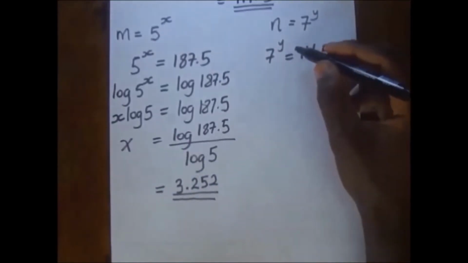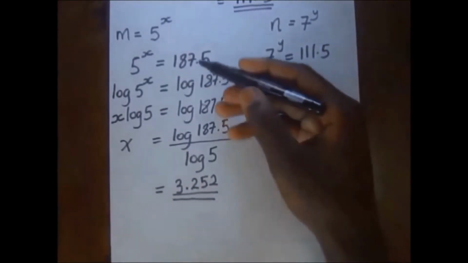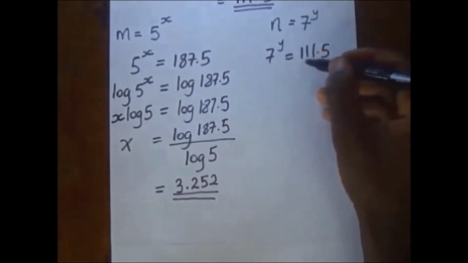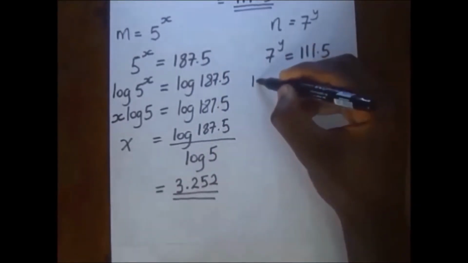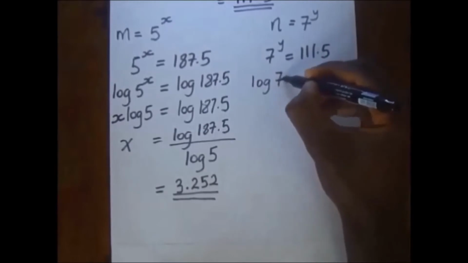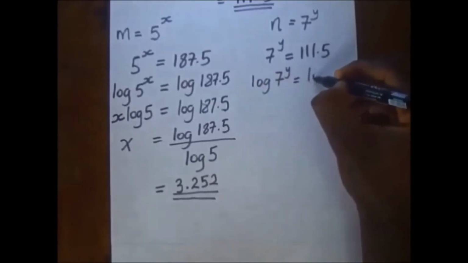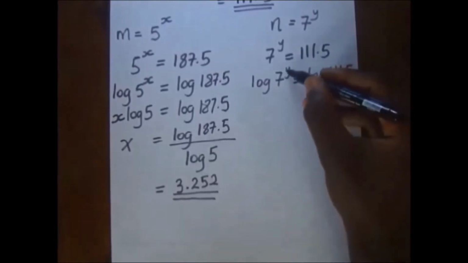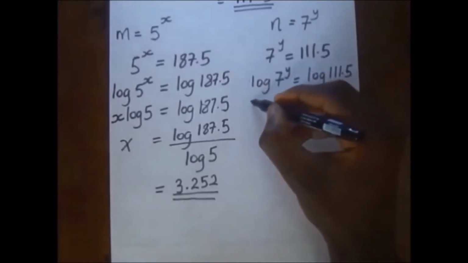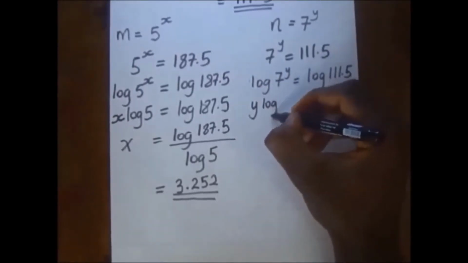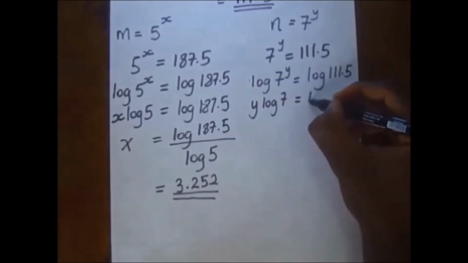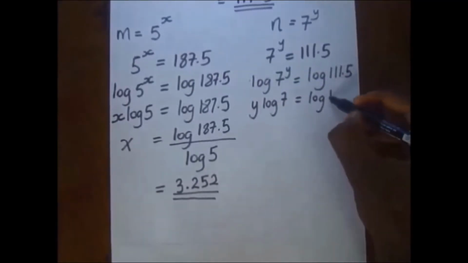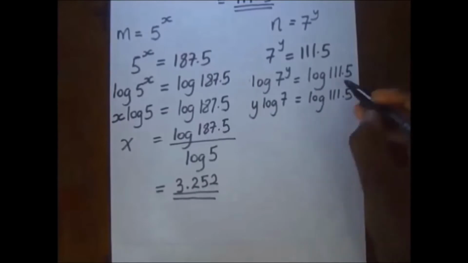We come here to get the value of y. We are going to do the same thing like we've done here. We introduce log on both sides. So it becomes log of 7 to the power y is going to be equal to log base 10 of 111.5. When this y comes here, it becomes y times the log of 7, giving us log of 111.5.